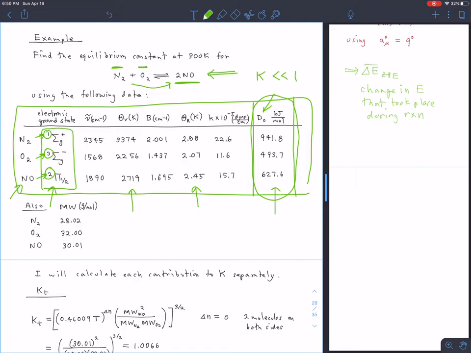In fact, the zero point energy number that we're going to need to do our calculation is just the minus of the change in the D0 values weighted by stoichiometric coefficients that we get from this column. We'll see more about how that's done as we get down further into the example.